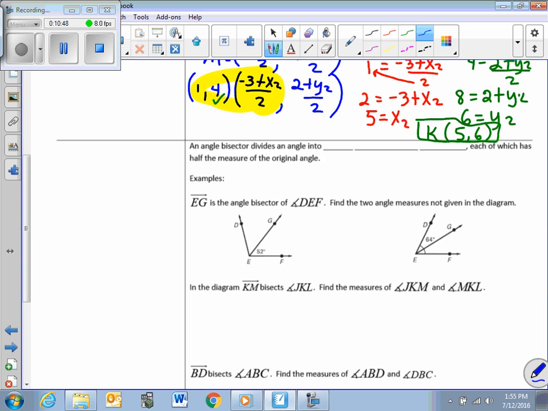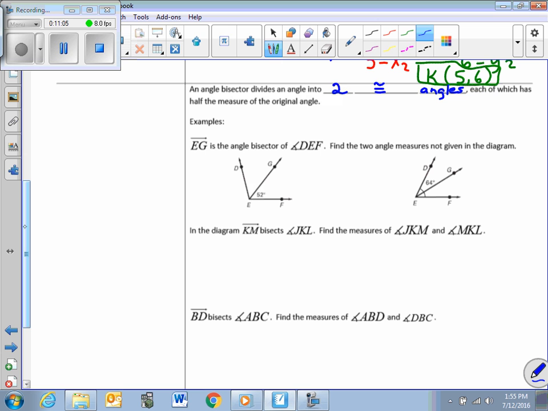We're going to look at angle bisectors now. An angle bisector divides an angle into two congruent angles, each of which has half the measure of the original angle. Here are some examples. EG is the bisector of angle DEF.